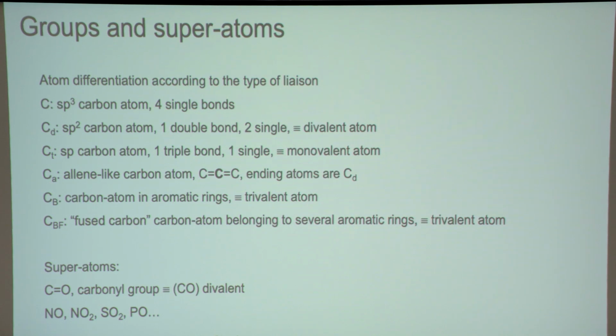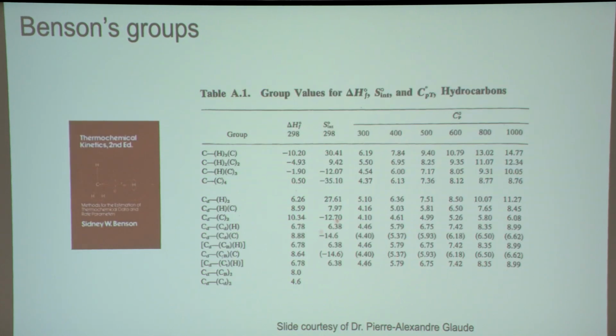Alcohols, carbonyl groups, nitrogen inside of a molecule. All of these things can be identified as groups. And then you get simply a table like you see here, the group's contribution to the heat of formation, the group's contribution to the entropy, and the group's contribution to the heat capacity at different temperatures.